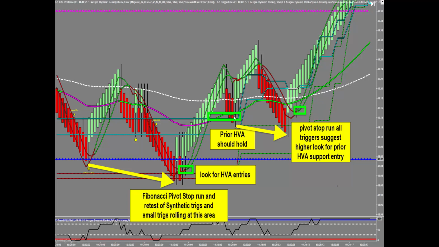And then retesting of a prior area, then they stop everybody out. But again, all of your trigger lines are suggesting that we're going higher. Right? So you see the pivot stop run, you see the up bar, and then you look for a high volume area, pull back into your small triggers for the rest of the long trade.